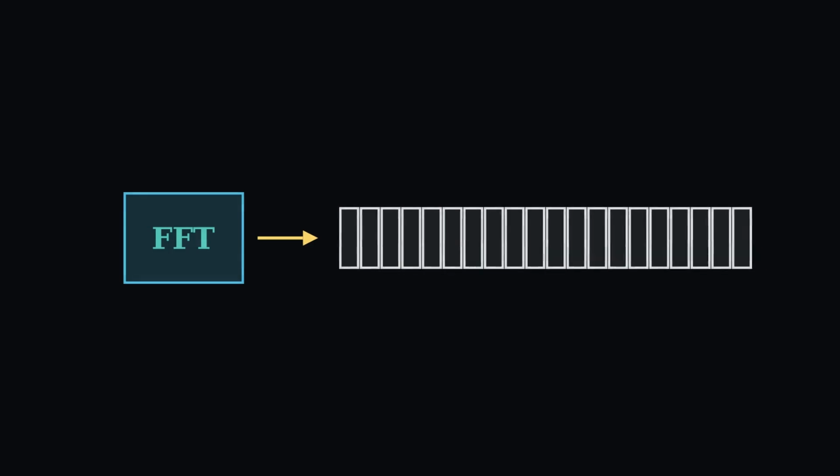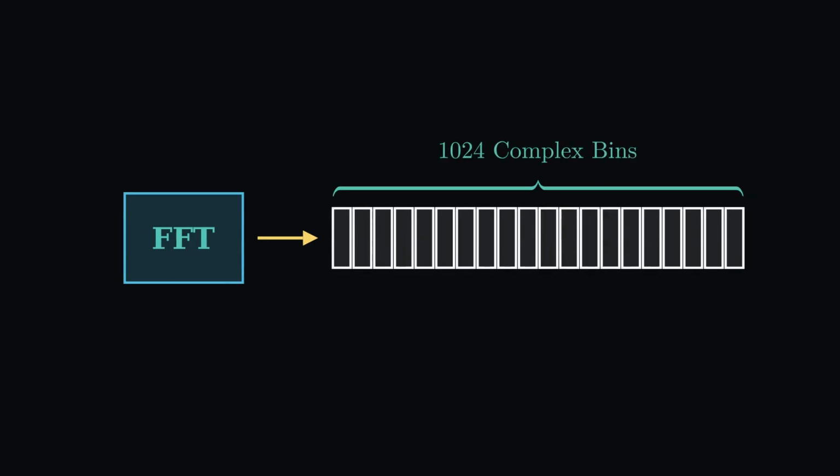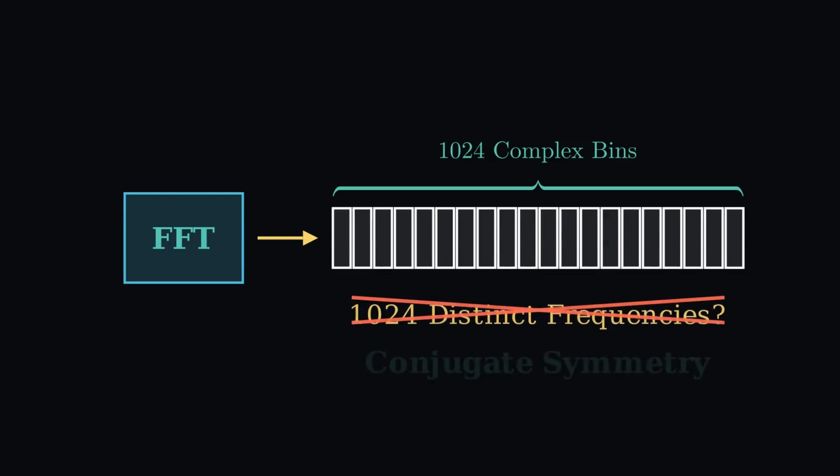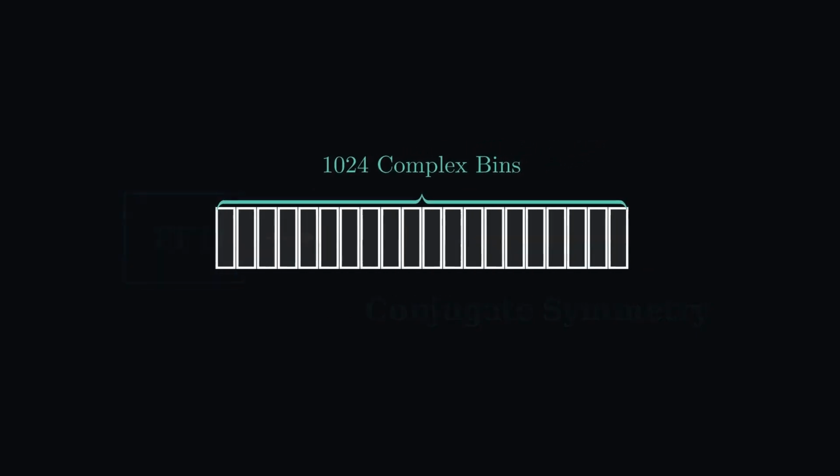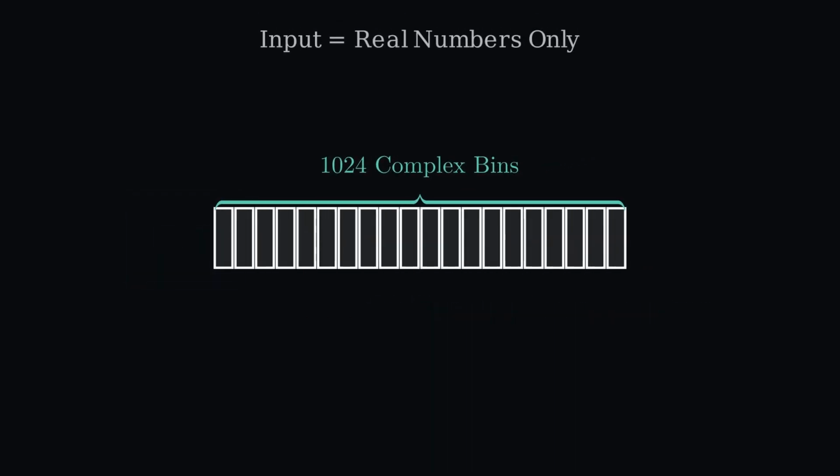Once the FFT finishes processing, it outputs an array of 1024 complex numbers called frequency bins. You might naturally assume that a 1024 sample frame would give you 1024 distinct frequencies to play with, but a phenomenon called conjugate symmetry means that's not really true. Because our raw input audio has only real numbers, just simple physical amplitude measurements over time with no imaginary components, the output of the FFT becomes a perfect mirror reflection.